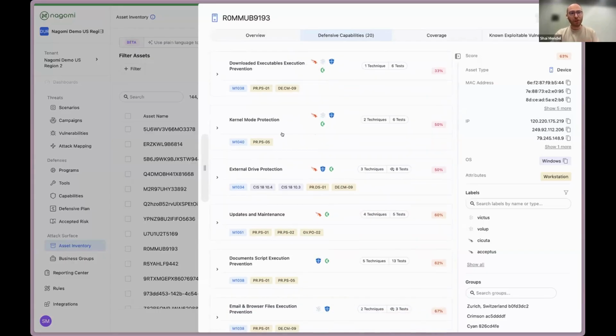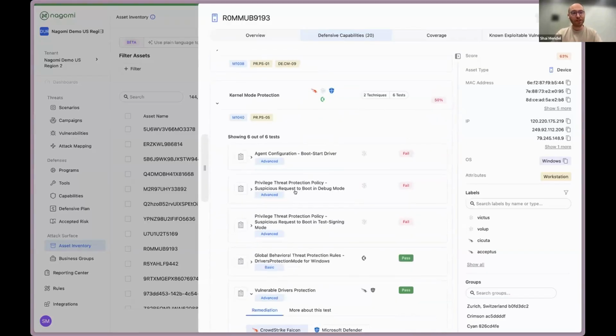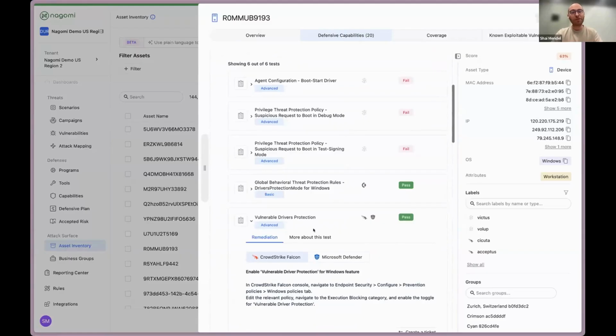Everything you see here is Nagomi's controls assessment that is also mapped to MITRE, to NIST, to CIS, and others, which is actually correlated down to the level of each asset and checks what is the actual configuration of each tool and each asset. And we do the assessment, of course, across tools. So even if you have a critical capability provided by two tools, Nagomi will automatically assess for you if each asset is covered by at least one.